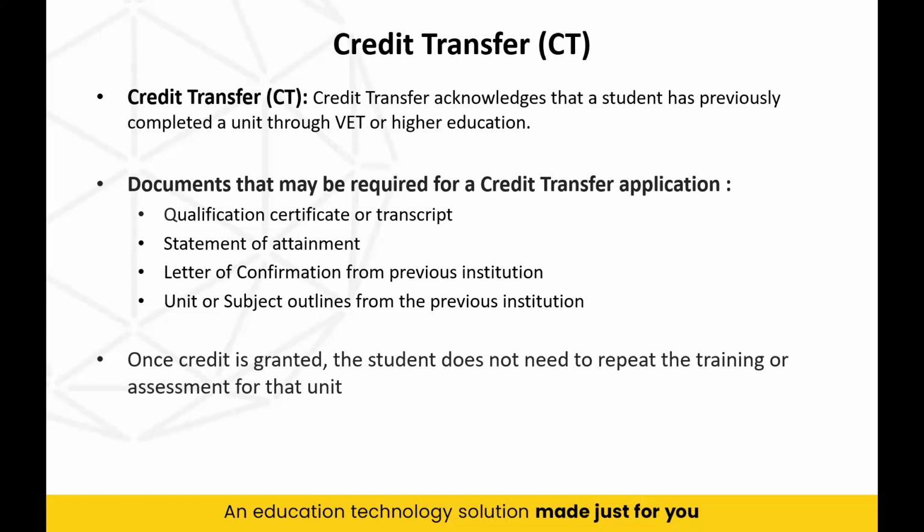Again, some of the documents you might need as supporting evidence: if they say they have done a prior certificate or diploma, you will want to see a certificate or their transcript. Even a statement of attainment, if this person has only done a competency unit, can be applied. And also maybe the subject outline of the previous institution, so they can show us what they have done.